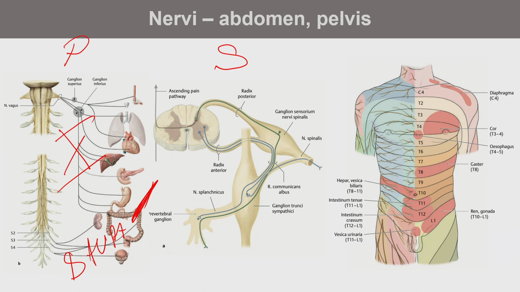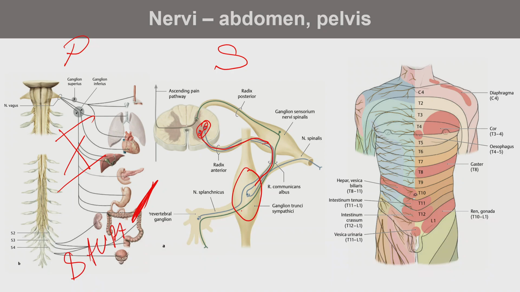The sympathicus arises from the typical thoracic and lumbar region, and here is the schema of the lateral horns, where the visceromotor neurons for the sympathicus are. They go through the anterior root and through the ramus communicans into the sympathetic ganglion, localized in the sympathetic trunk.